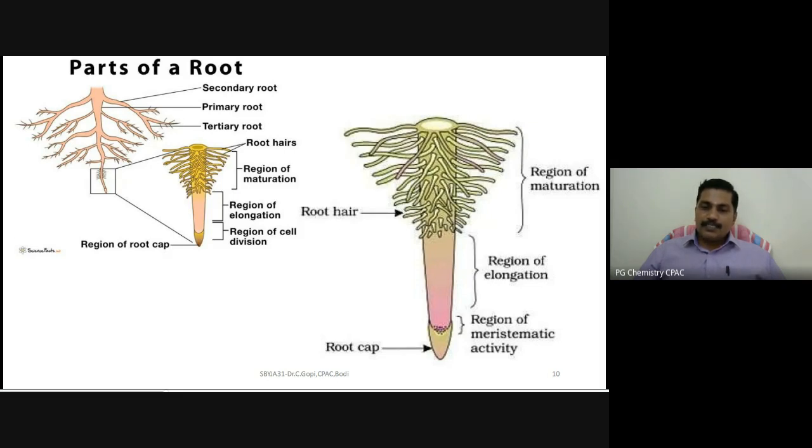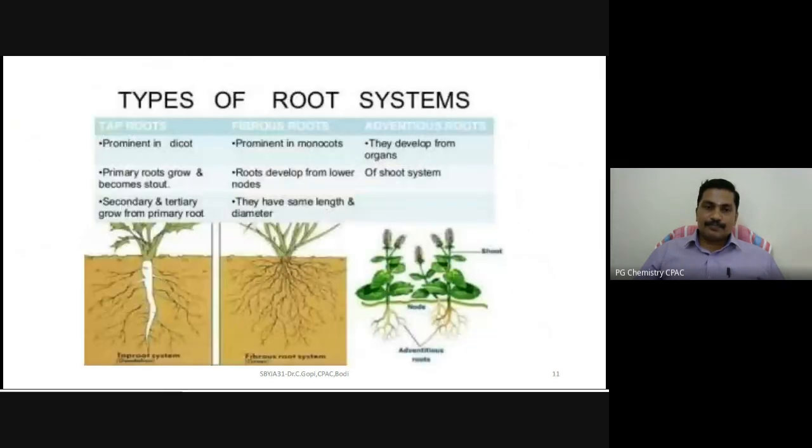Then after that, you can find the elongation of the root, because the meristematic region of cells is pushed towards the upper side, so that cell elongation takes place. After that, you can find the root hairs. Root hairs are the most important, because only through them are the nutrients present in the soil absorbed along with the water. So the root hairs are most important for the health of the plant.